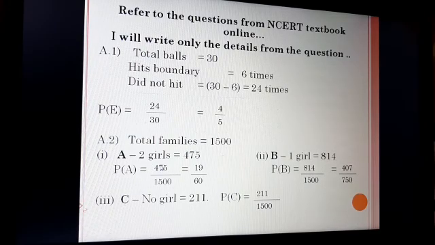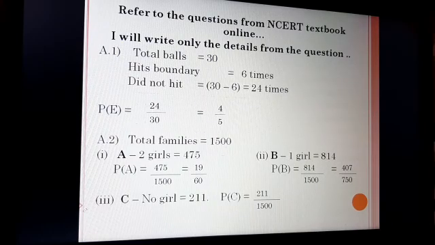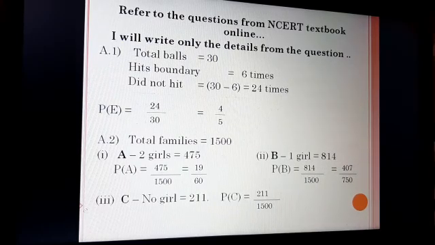First, the probability of having 2 girl children: probability of event A will be 475 upon 1500, which reduces to 19 upon 60. In probability B, it is 814 upon 1500, reduced to 407 upon 750. And the third one, where there are no girls, is 211 upon 1500. The total is always in the denominator. You will get the answer.